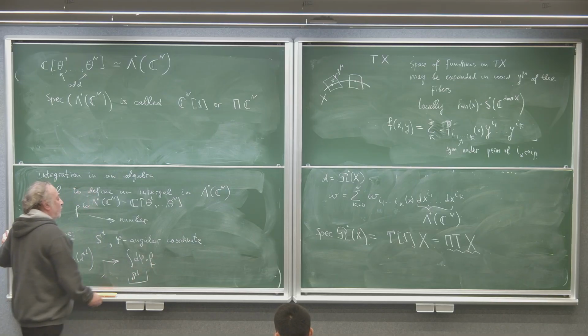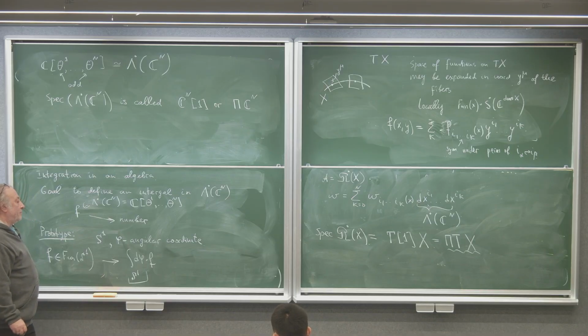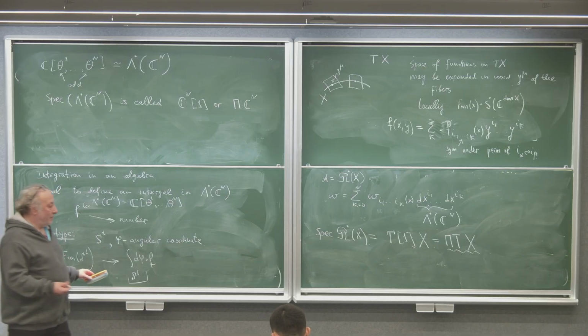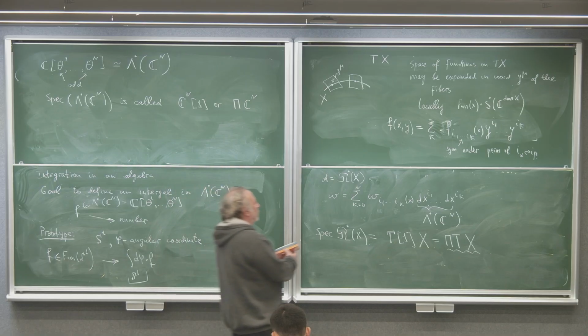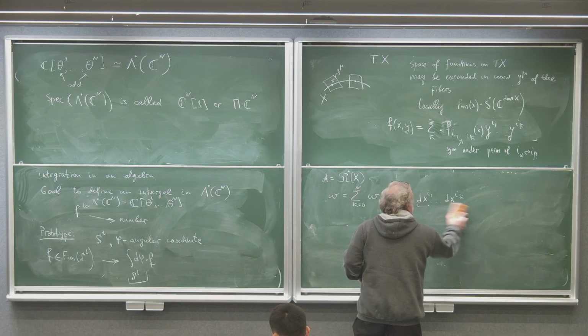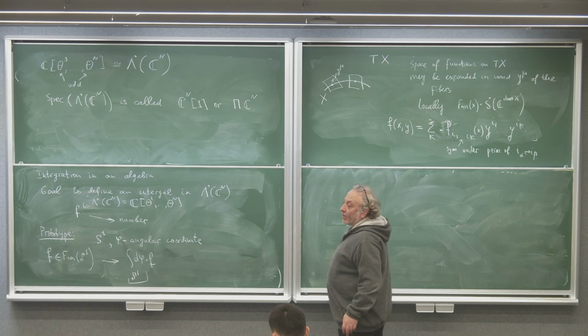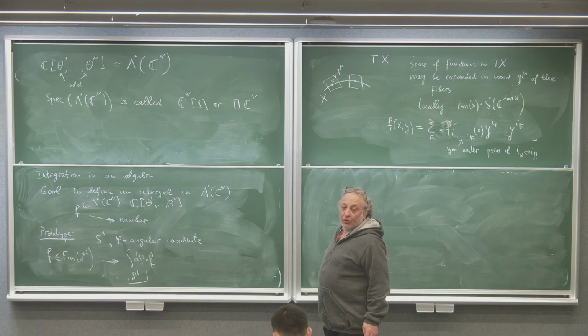So this is a unique symbol. There are many ways to do it, but I will propose the following. The way that I propose would be possible to generalize to the super case.